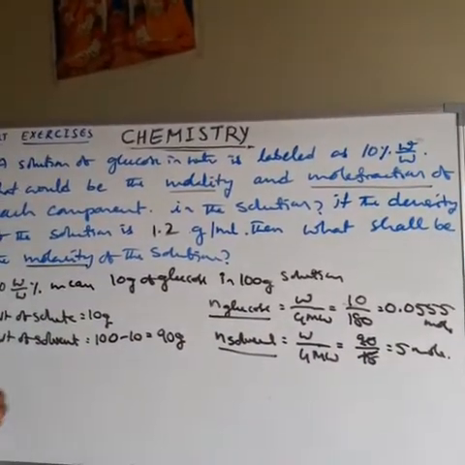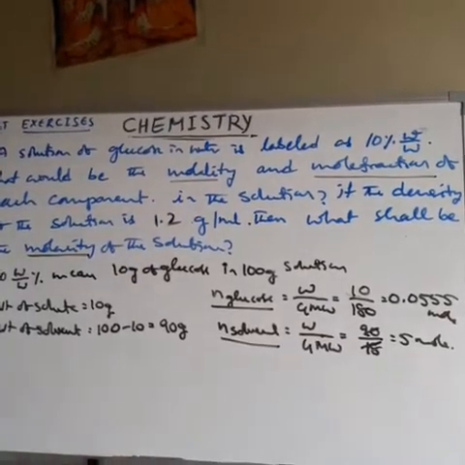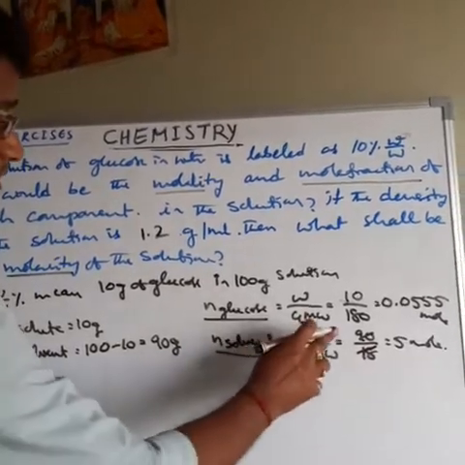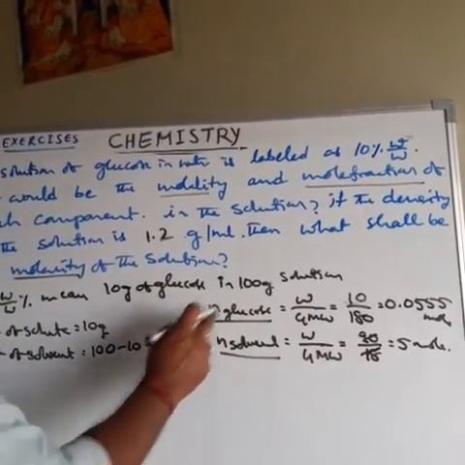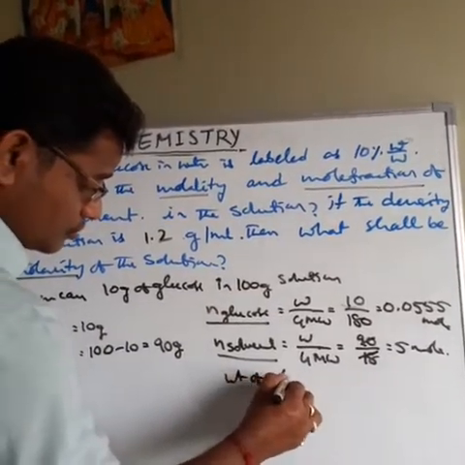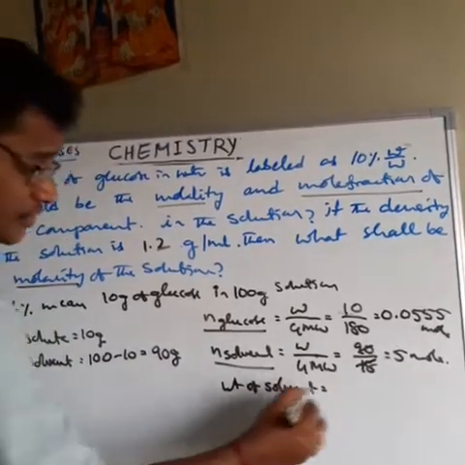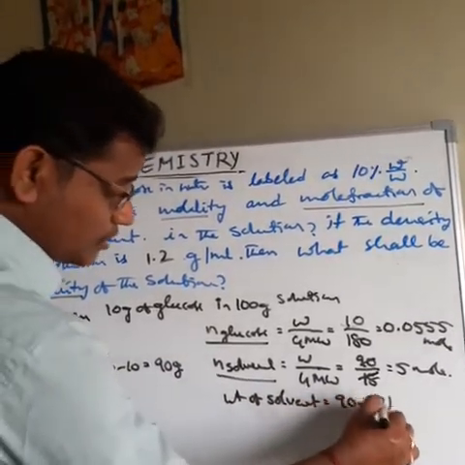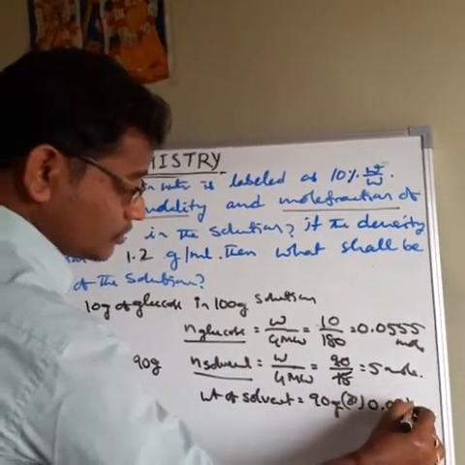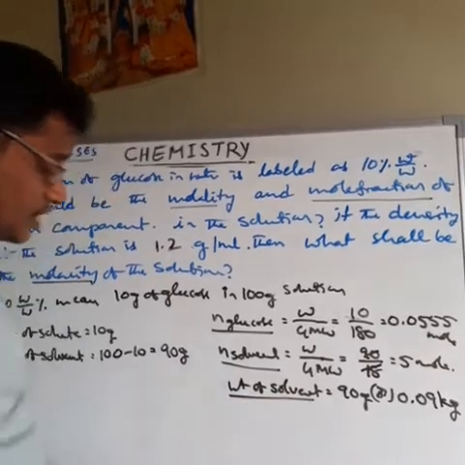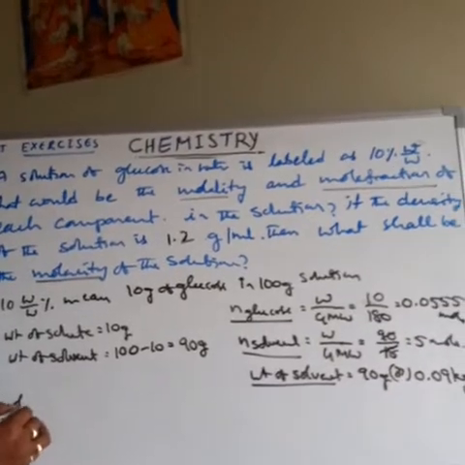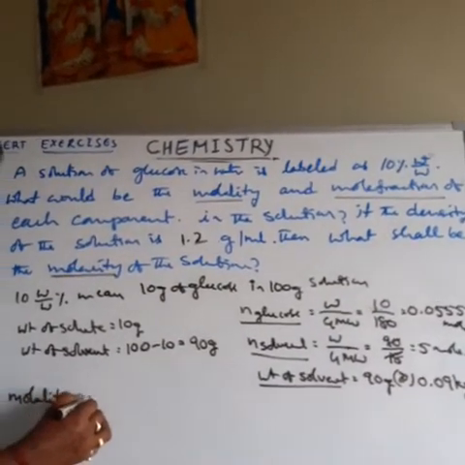Then next is molality. Here one more point: the weight of solvent is 90 gram or 0.09 kilogram. By using these values we find the molality, small m.